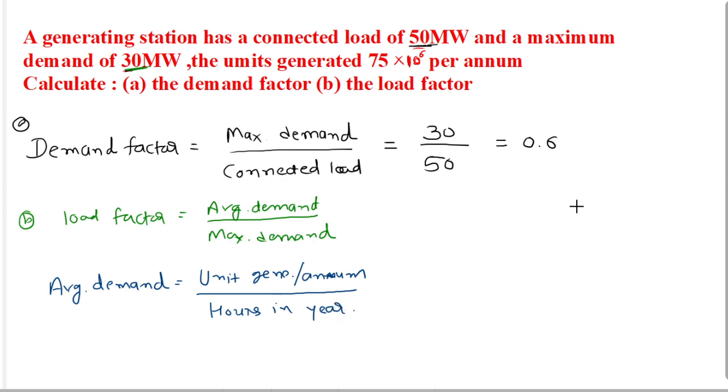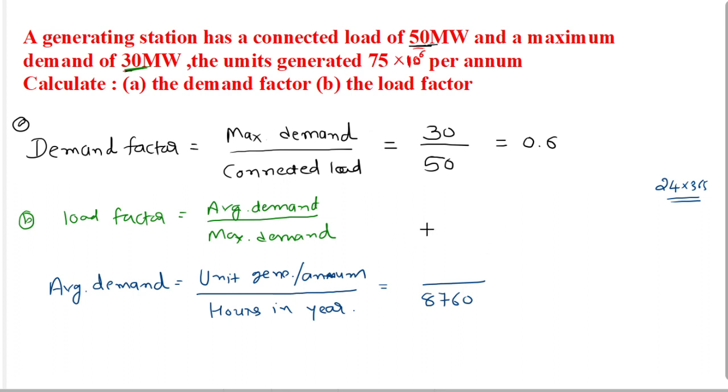We know that in one day there are 24 hours and in a year there are 365 days. If you multiply 24 by 365, you get 8760 hours, total hours in a year.